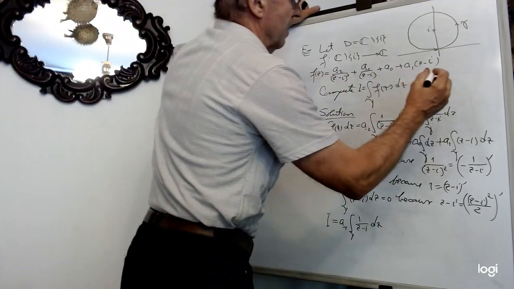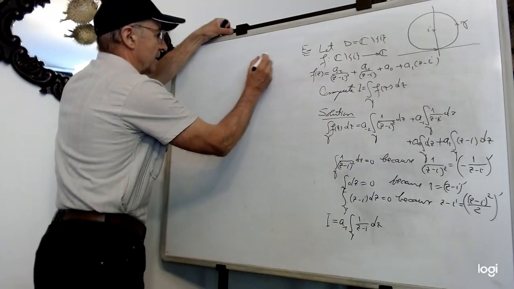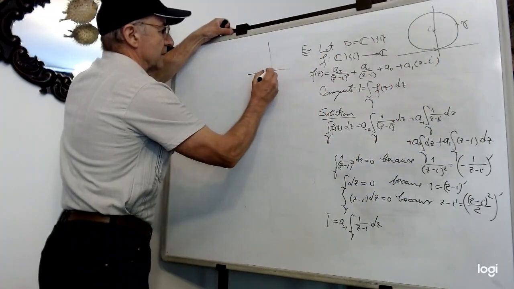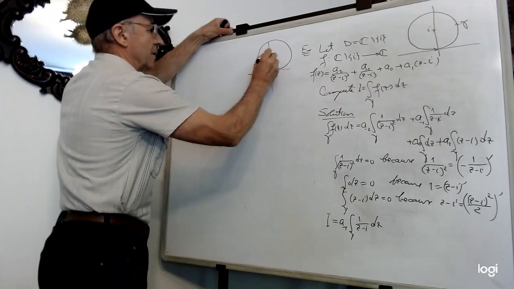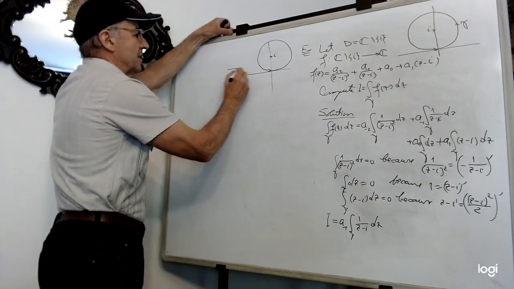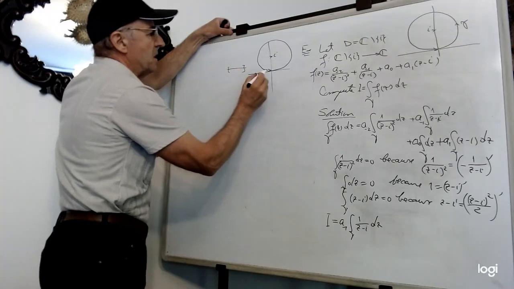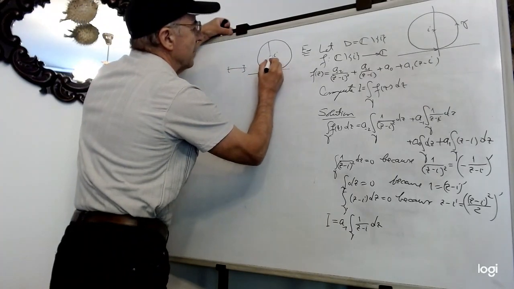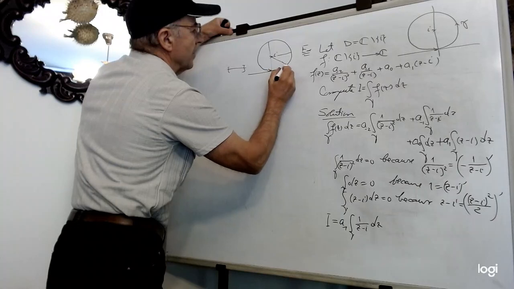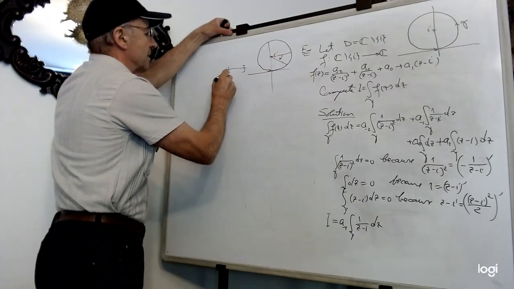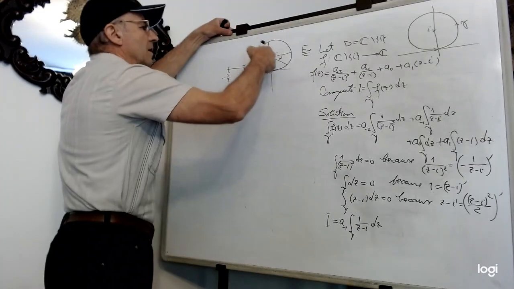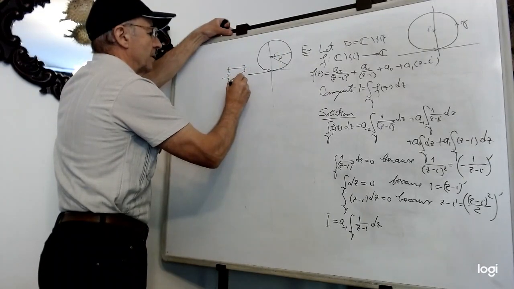Let us describe this path. I shall consider again here our path. For a parameterization we can use the angle t, so we start from minus pi over 2 up to 3 pi over 2.